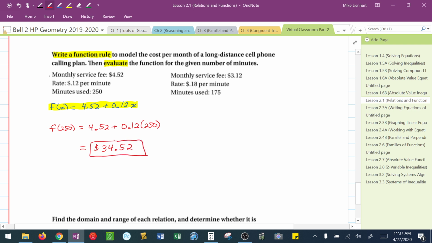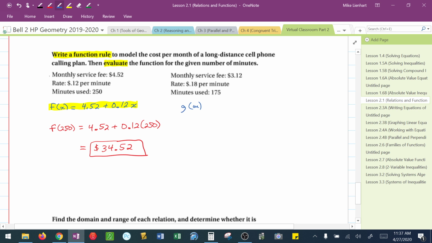Okay, let's take a look at the second one here now. This time I'm going to call my function g. Why? Because I felt like it. You can use any letter. You're going to find usually you're going to use F, G, or H as the names of functions. I'm going to call this one G, and I'm going to use the variable M for minutes.